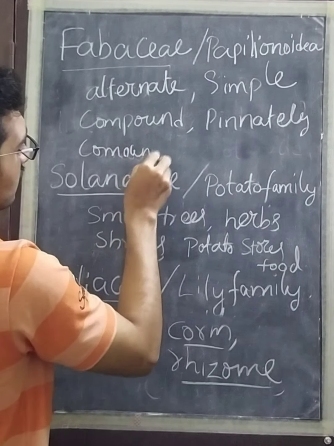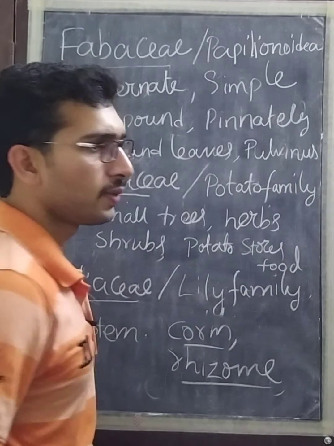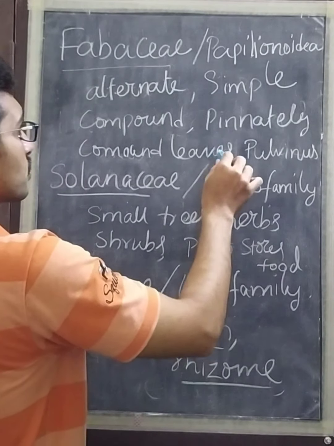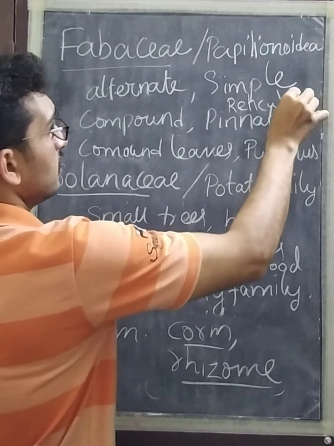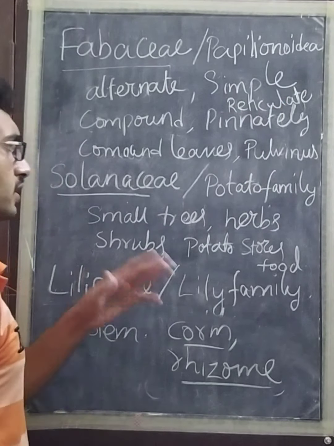Stipules are absent, but the leaf base which becomes swollen we call a pulvinus leaf base, and the leaves show reticulate venation. That is the characteristic feature of dicotyledon plants.